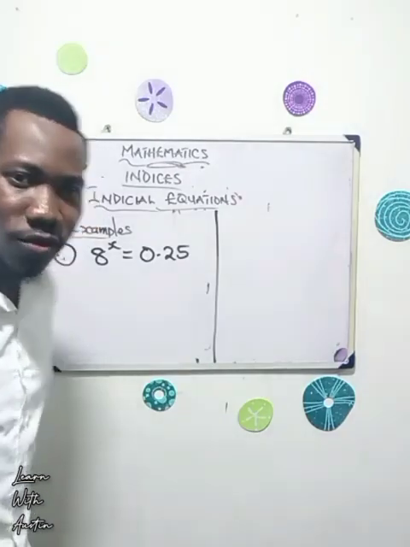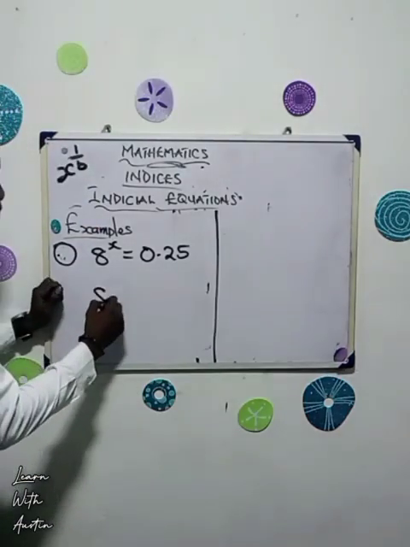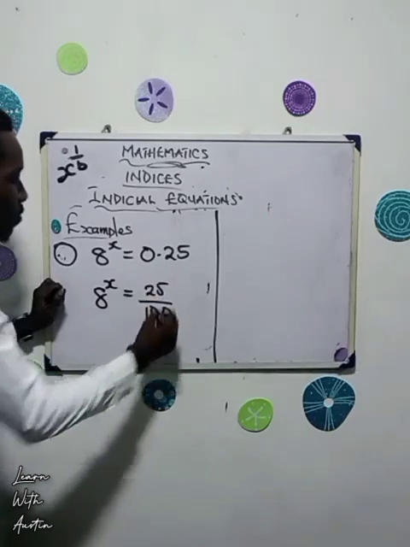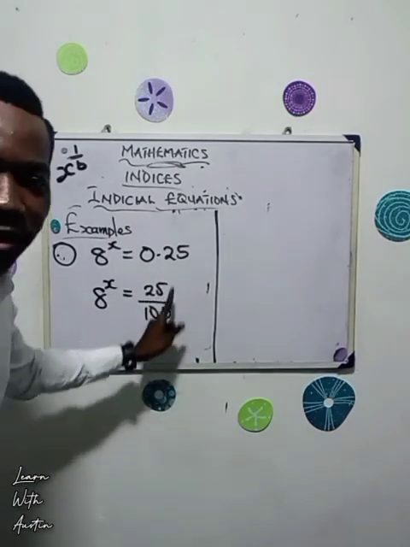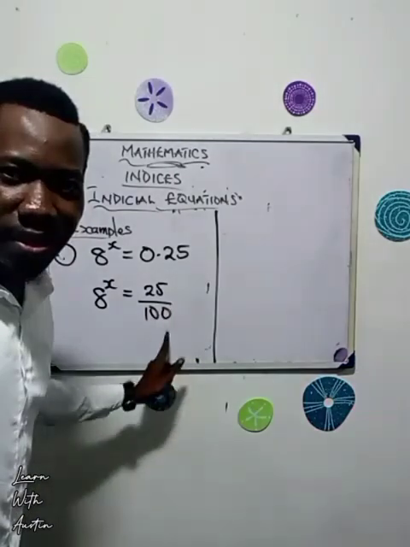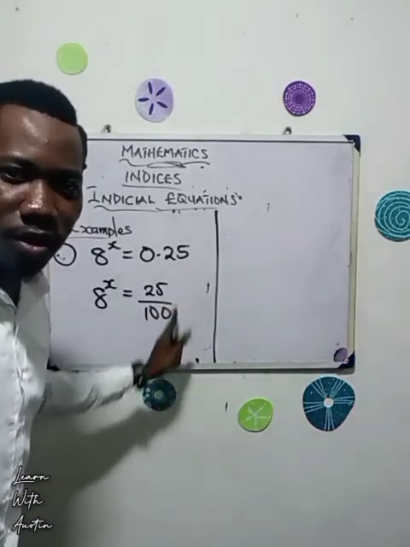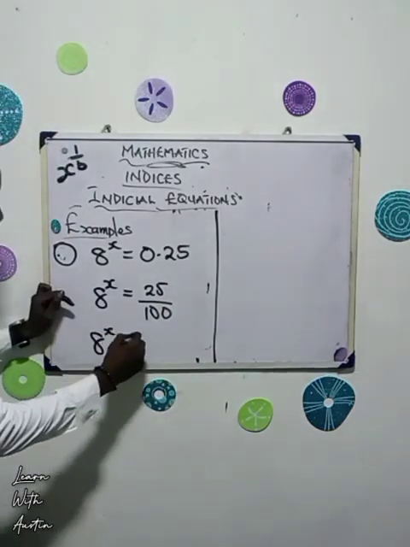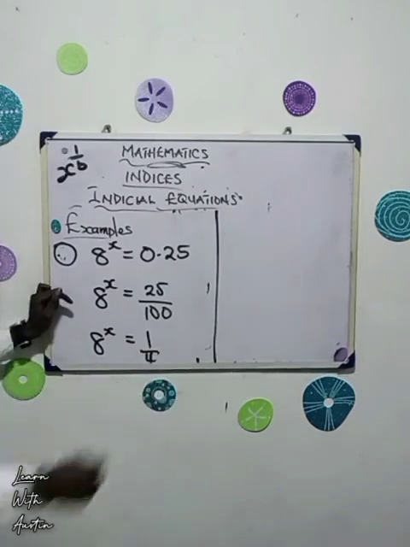25 over 100, good. So we have 8 raised to the power of x equals 25 over 100. 25 over 100 can be simplified to the lowest term. If we divide this, 1 over 4. So we have 8 raised to the power of x equals 1 over 4.